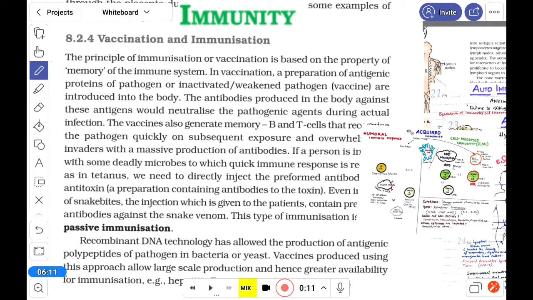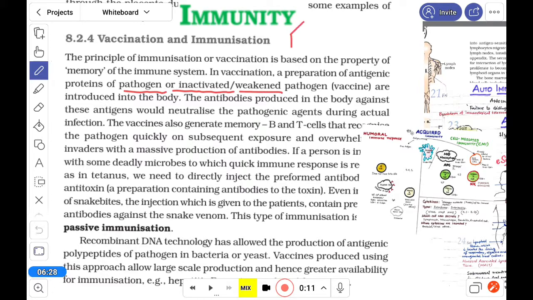Next is vaccination and immunization. I think everybody knows this mechanism. Here the pathogen, inactivated or weakened, is introduced inside the body.